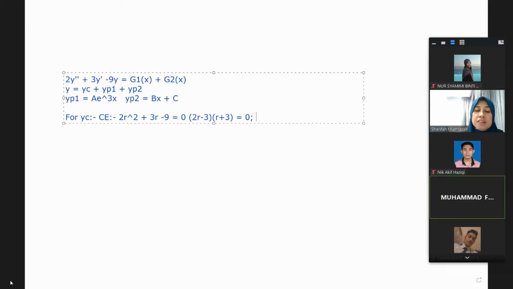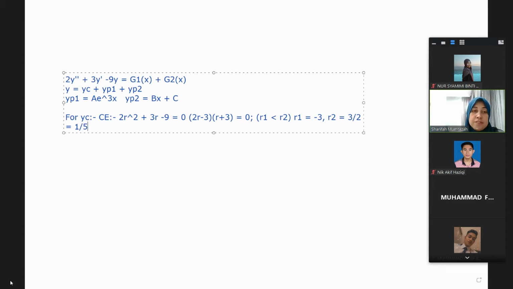Right here. Negative 3. R1 is equivalent to negative 3 because I've already said that R1 should be less than R2, yeah? So R1 is negative 3 and what is R2? 3/2, or equivalent to 1.5.